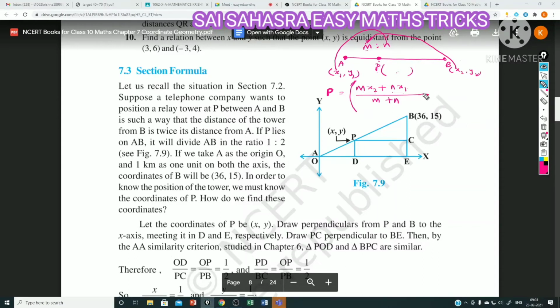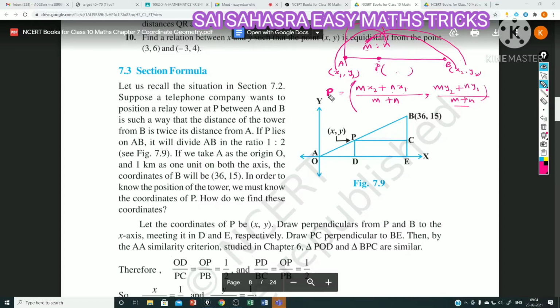Next I am writing the y coordinate. So this gives the x coordinate. Can you tell me by observing this what is the y coordinate? Same logic. (m y2 plus n y1) by (m plus n).